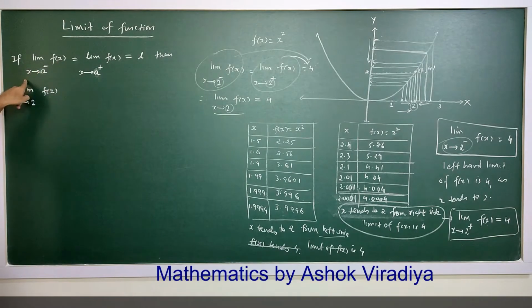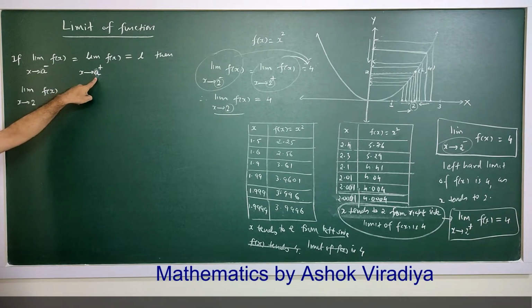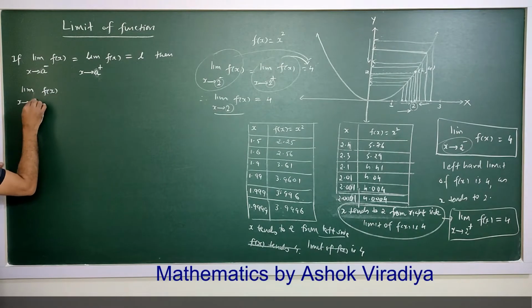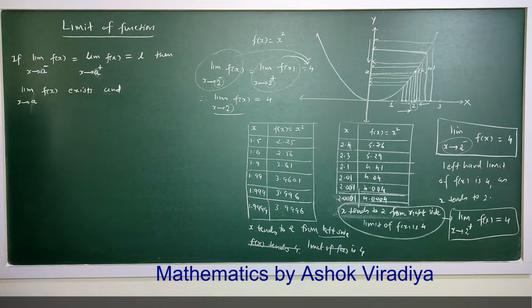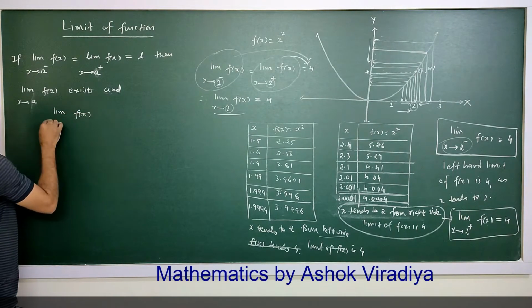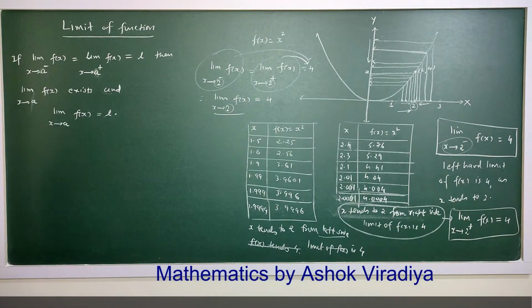Limit of f(x) as x tends to a from left side equals limit of f(x) as x tends to a from right side equals L. Then limit of f(x) as x tends to a exists, and it is equal to L. Here a belongs to domain of this function.